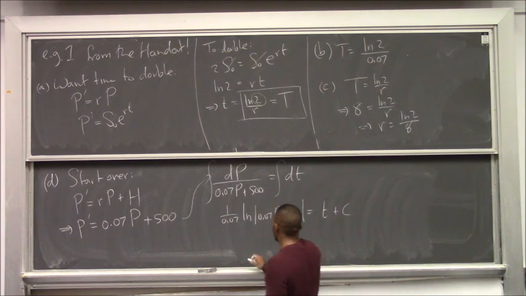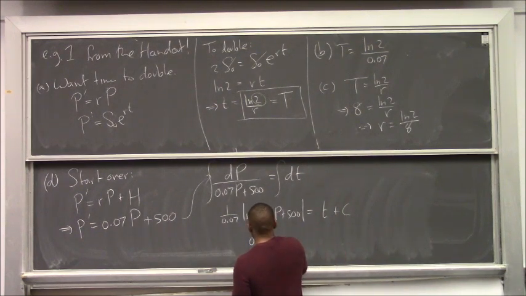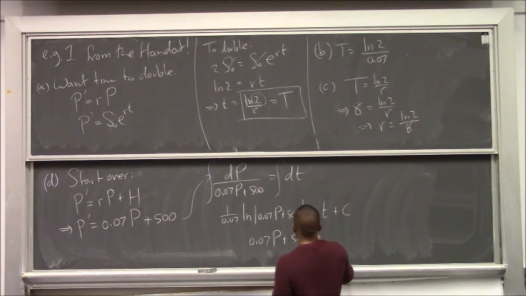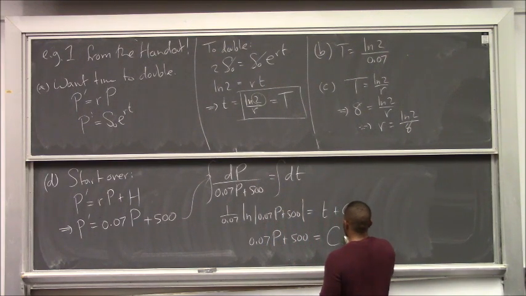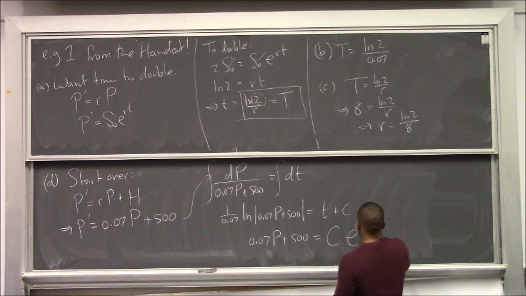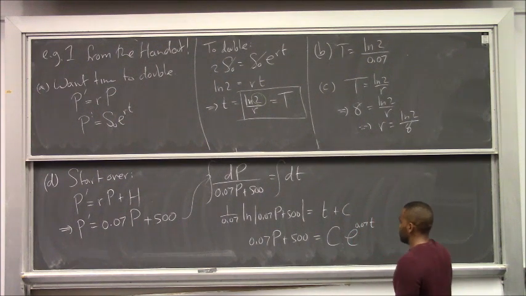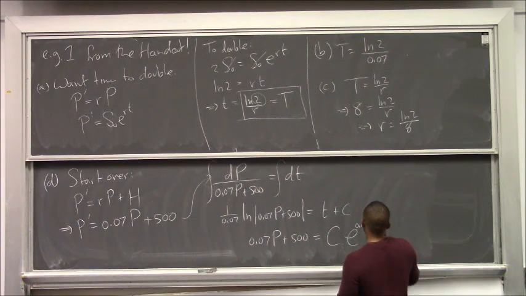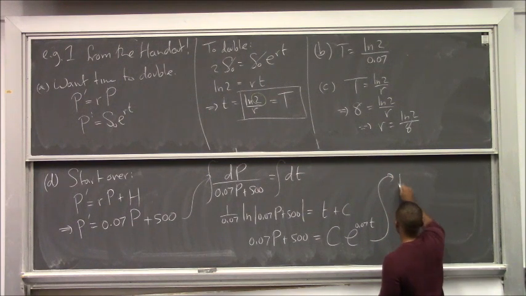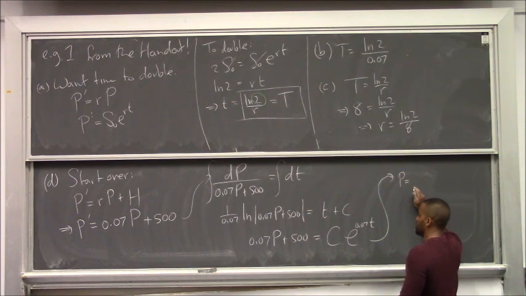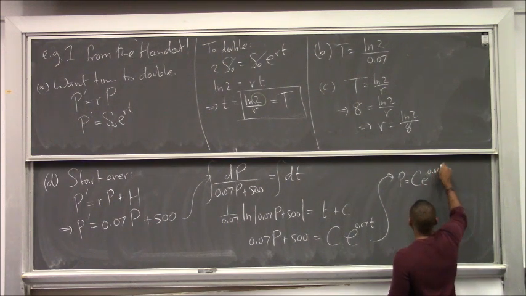And so what you end up with here is 0.07 p plus 500 is going to be c e to the 0.07 t. And so ultimately your p is going to be equal to c e to the 0.07 t.